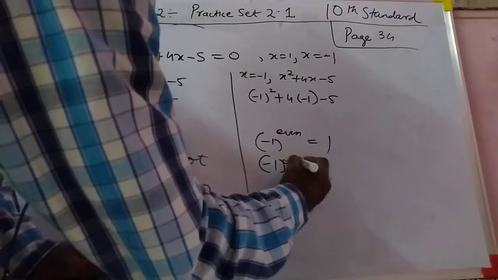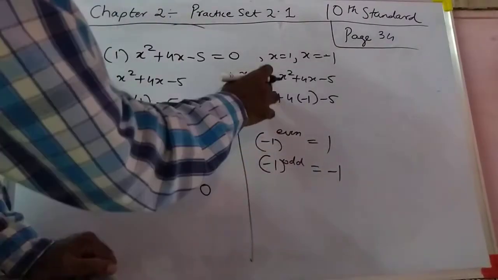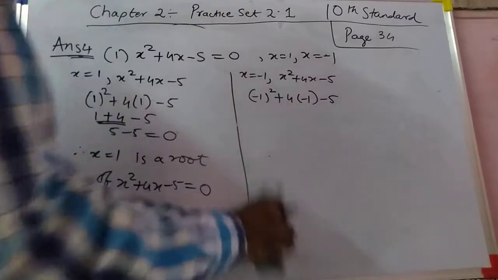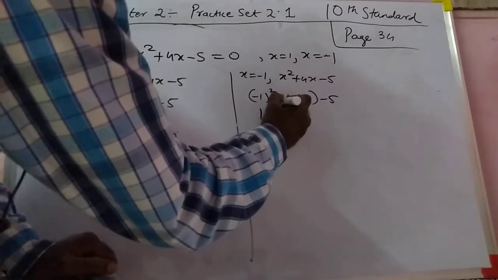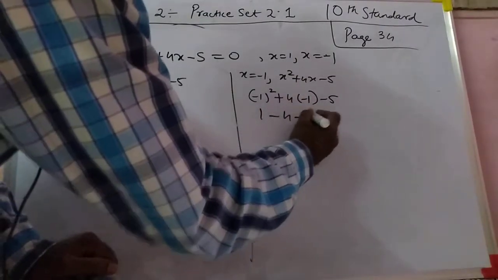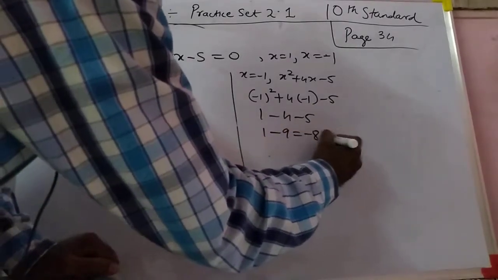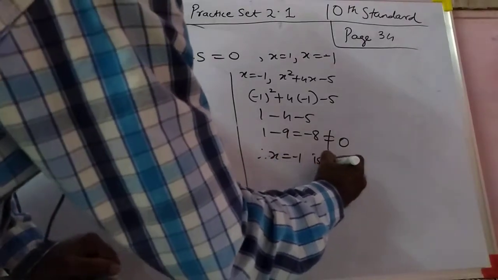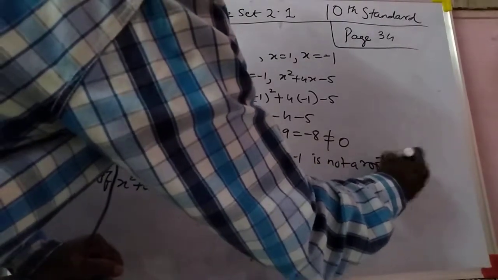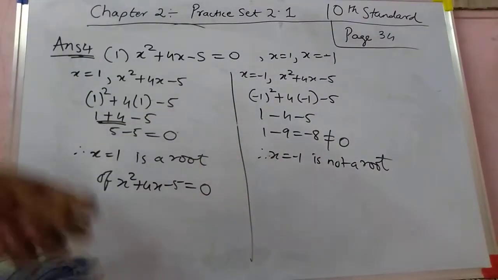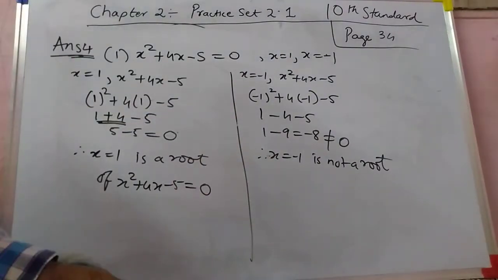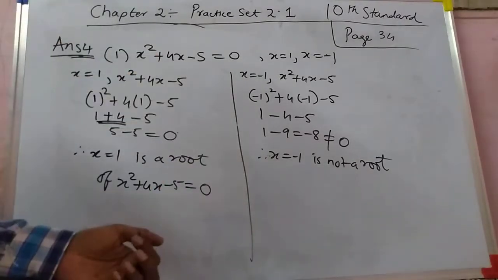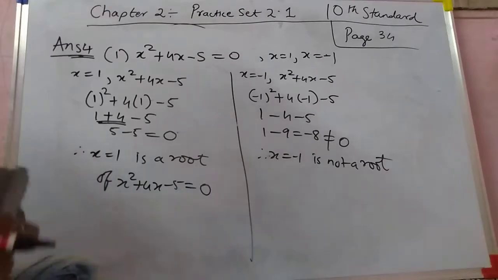Minus 1 odd number means minus 1. But 2 is even, so it will become 1. यहाँ पे plus minus, so minus 4 minus 5, 1 minus 9, that is minus 8, not equal to 0. Therefore x is equal to minus 1 is not a root. Okay, so exam में ऐसे लिखो, you have to write like this, put the value and get it. It is very easy. We'll see second problem now.